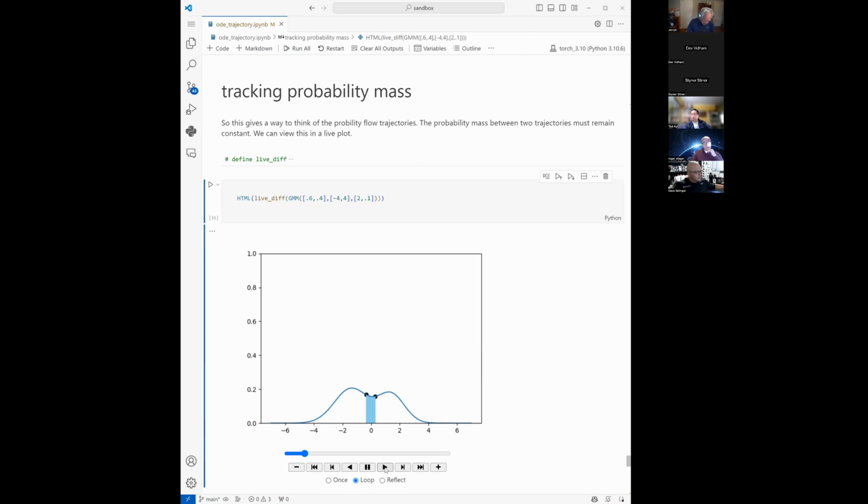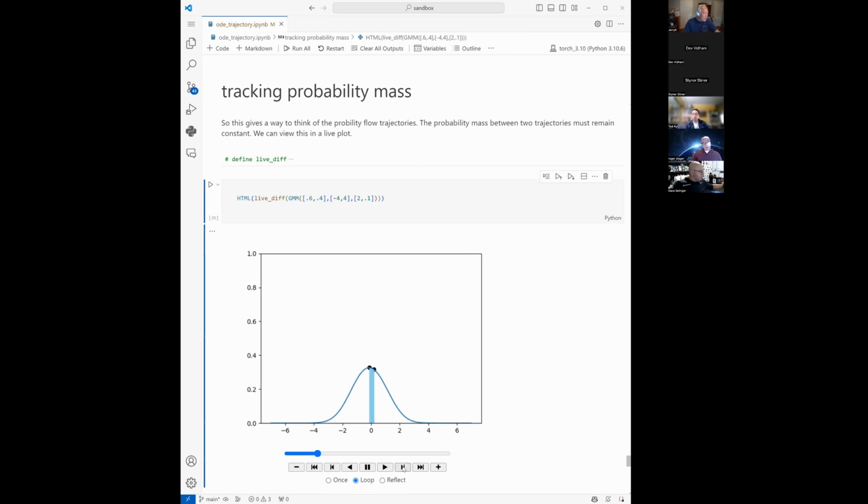So here what I'm plotting is the blue shaded part. That's the area under the curve between the two points. And that mass, I should have probably recomputed the mass to confirm it, but that mass is constant. But see how, as the probability goes down, it gets squished out to be much wider.